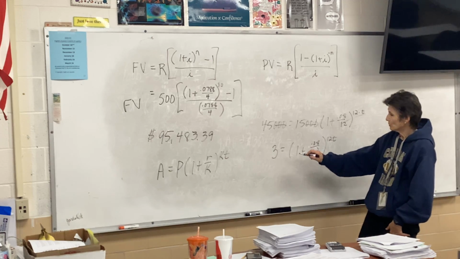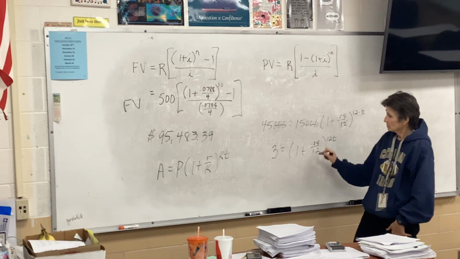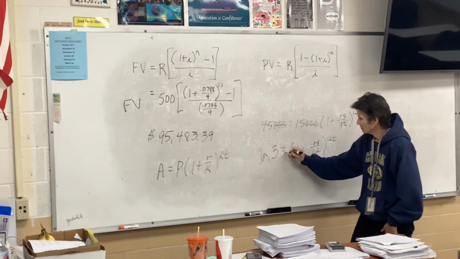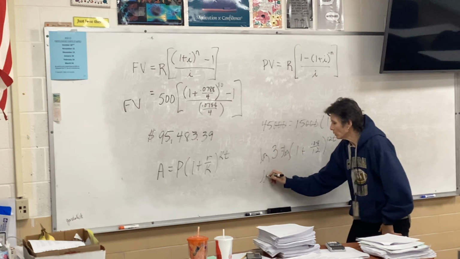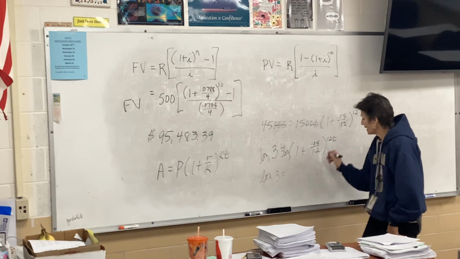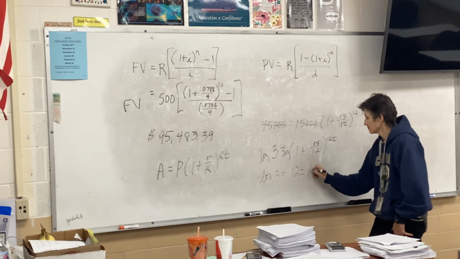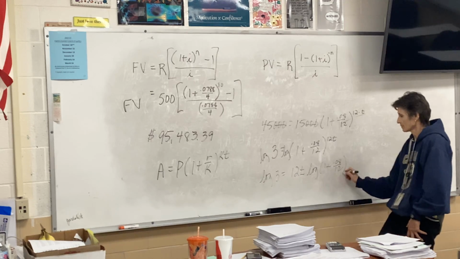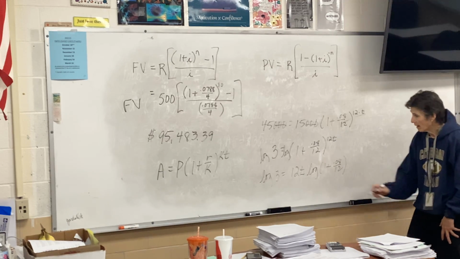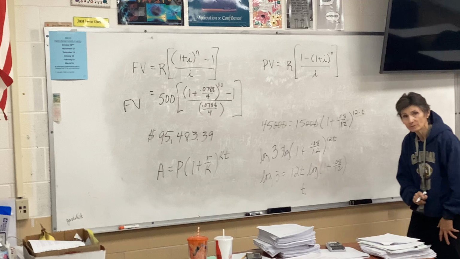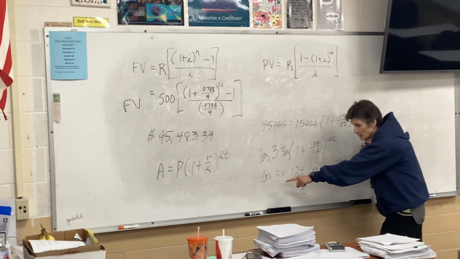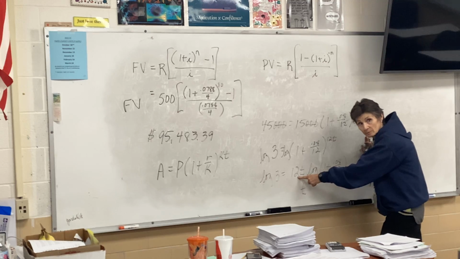I need to figure out what t is. So I'm going to log both sides. That will pull that exponent off. And now how am I going to get t by itself? I'm going to have to take the log of 3 and divide it by 12.